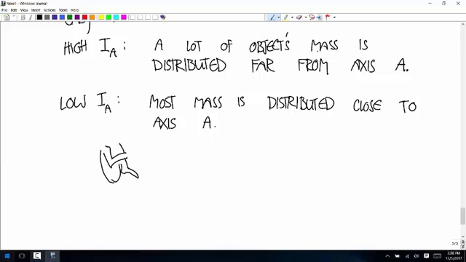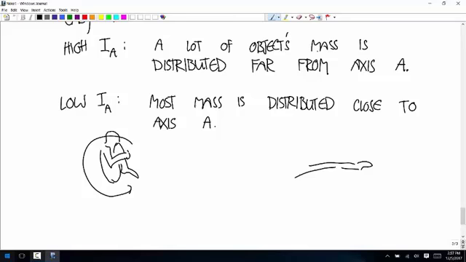One is like this, and then another way is like this.